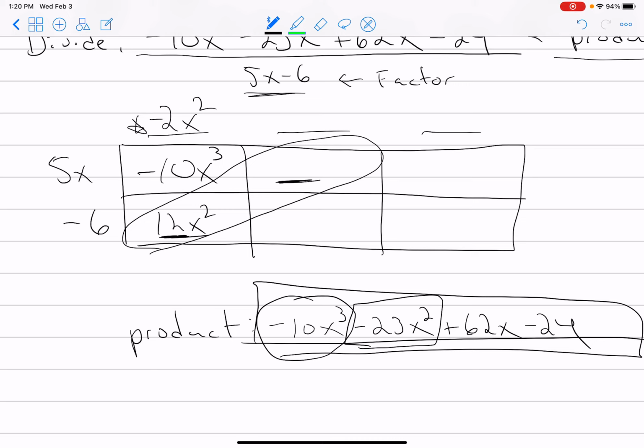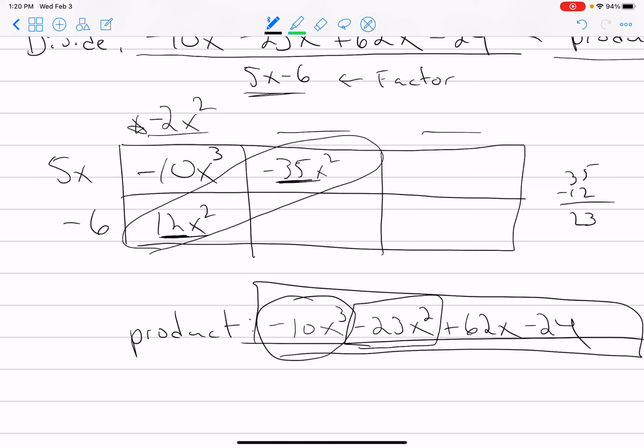So 23 and 12, 35. 35x squared. Is that right? Negative 23. So let's see. 35 minus 12, 23.